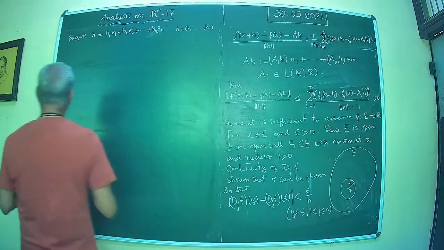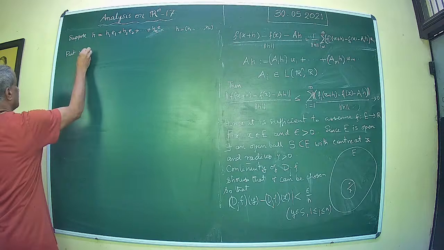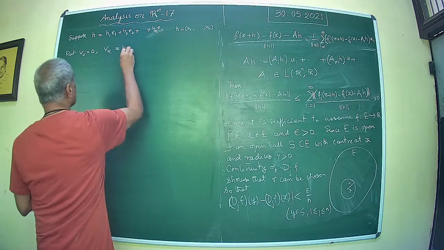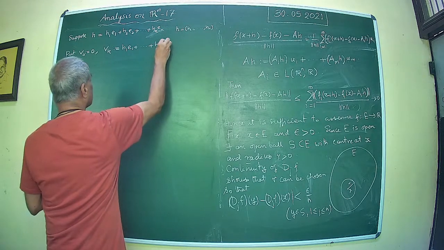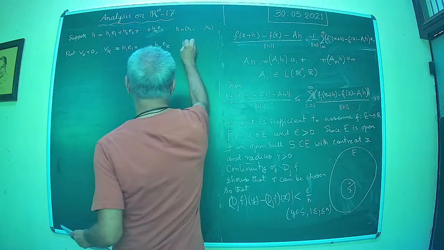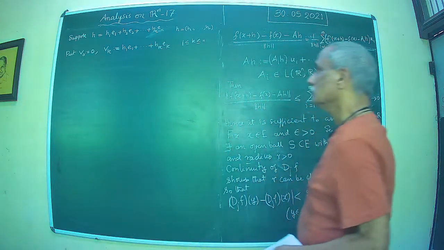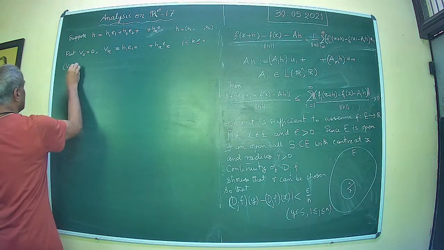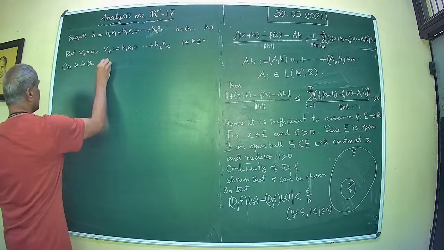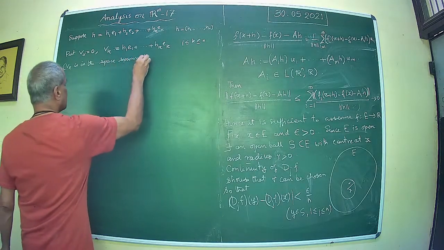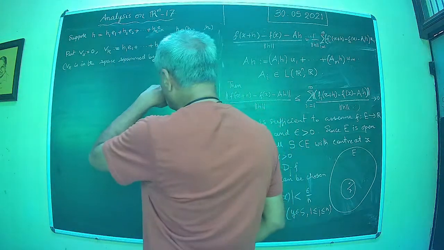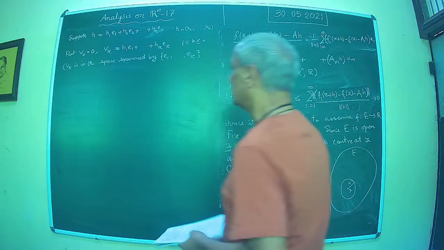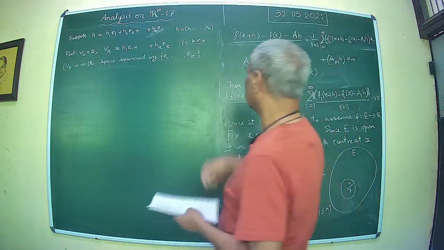Now define, so we set v_k defined by h_k e_k. So v_k is in the space spanned by, or in other words, what you are doing is you are just taking the projection of h into this particular space, and that is what we call v_k.